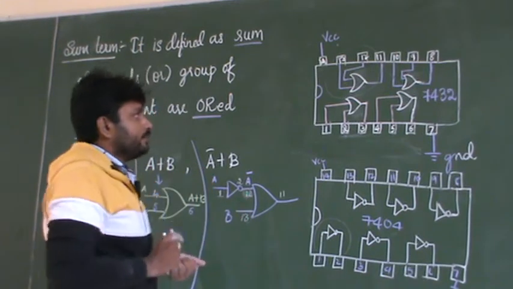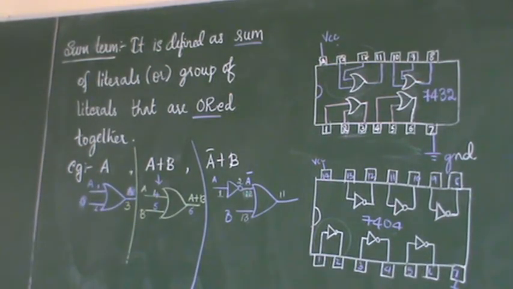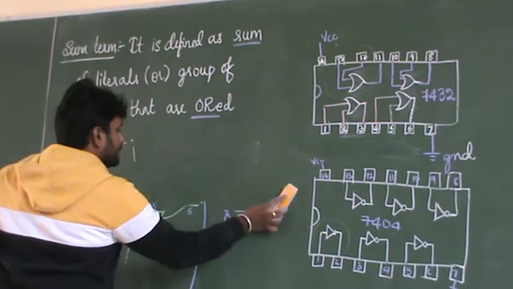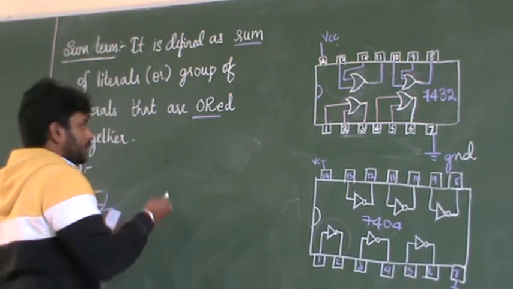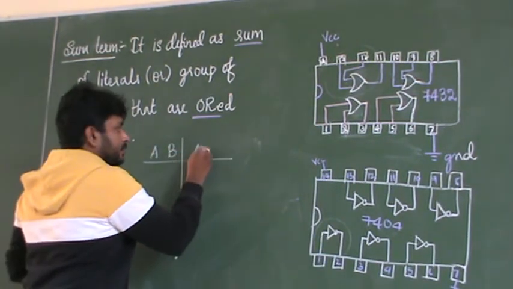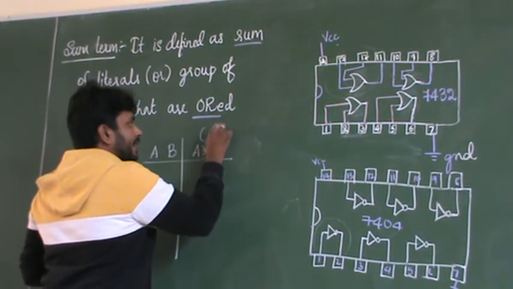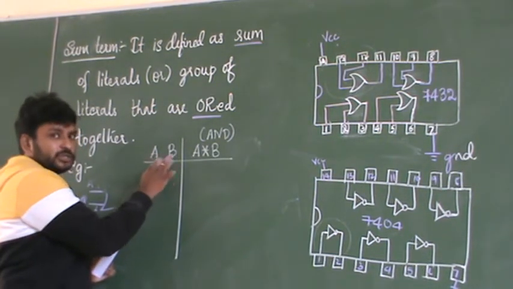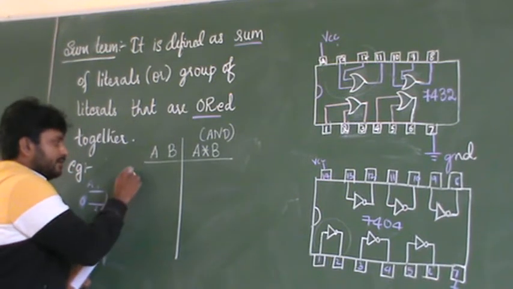Now I would like to write the truth table for the AND gate. I have to write it as A into B. This is the output of the AND gate. Since I am considering two inputs, how many combinations should I have? 2 to the power of 2.